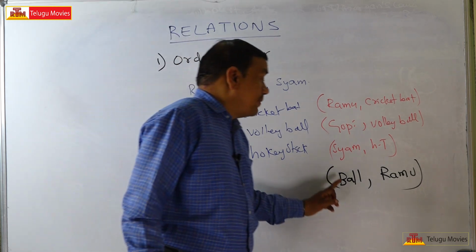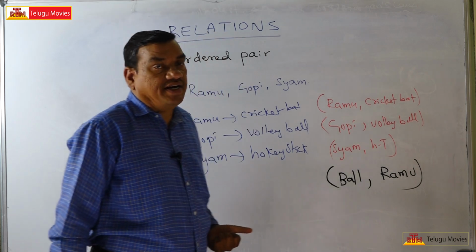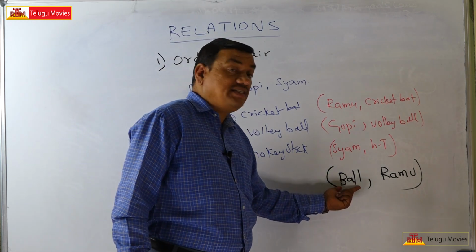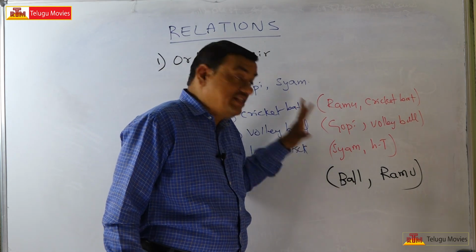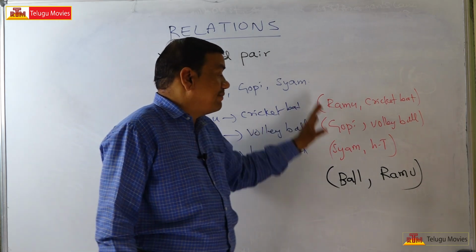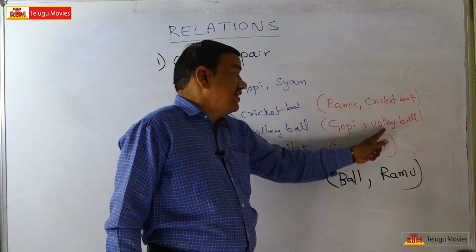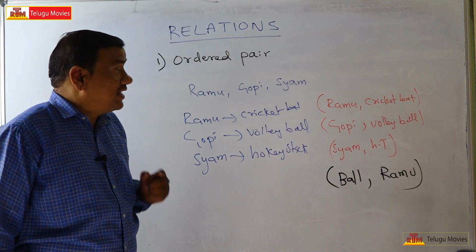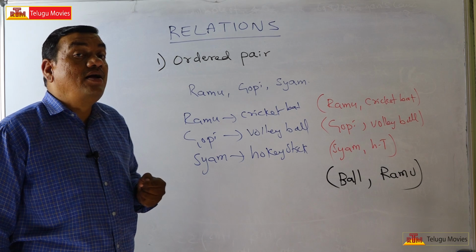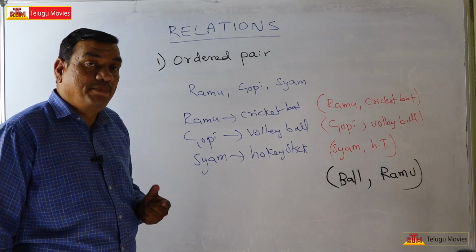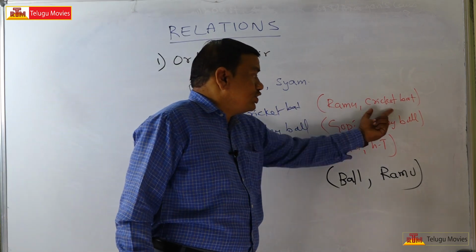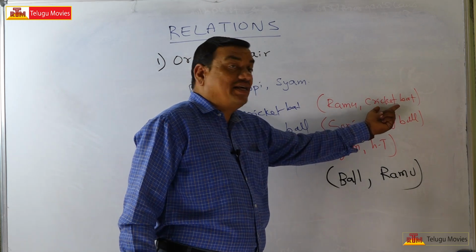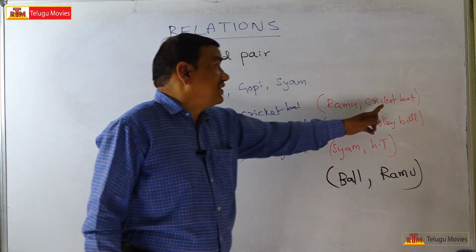So ball, Ramu we cannot take. Because in this structure, the first element should be the name of the person and the second thing should be the instrument to play the game. That's why this is called an ordered pair. Pair means 2. Ramu, cricket is not equal to cricket, Ramu.